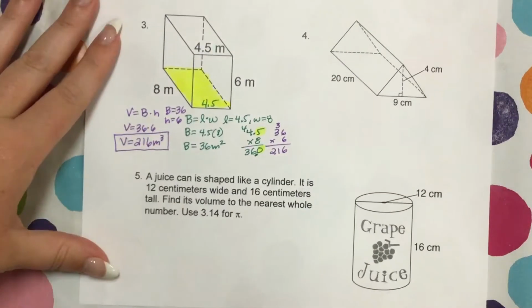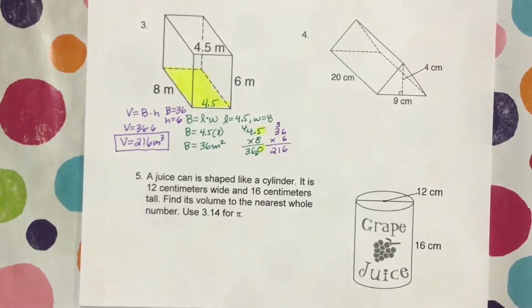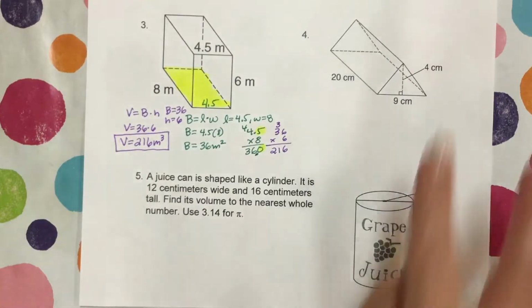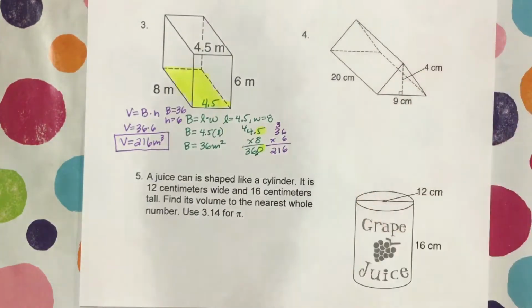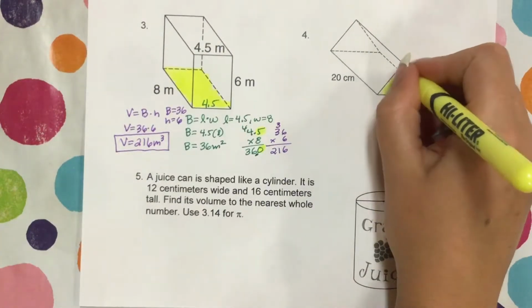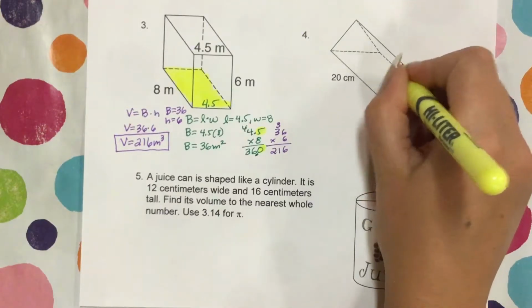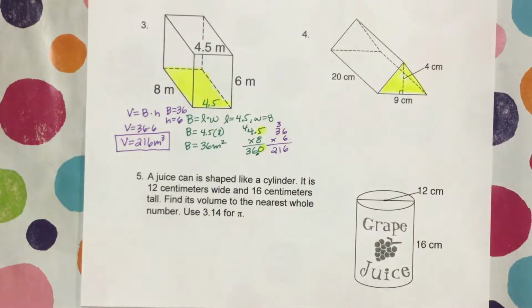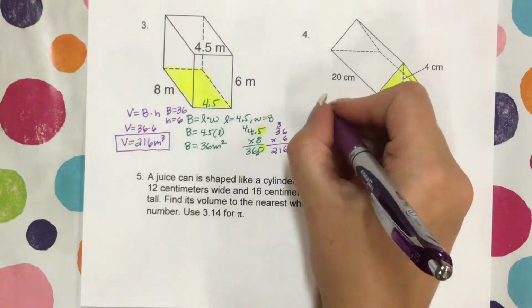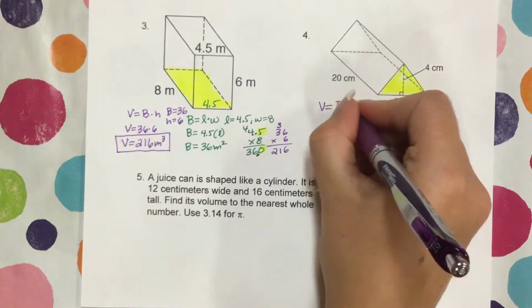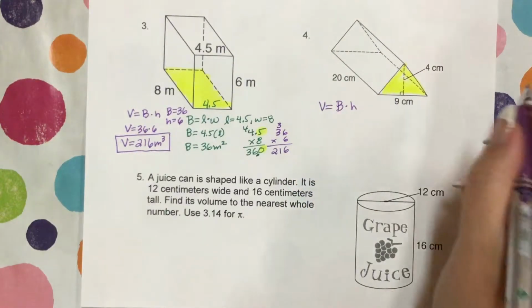Problem 4, what shape is the base on this one? Well, I think it's pretty clear that the shape on this one is a triangle. Okay, so we're trying to find the volume. The volume for this formula is found by the volume equaling the area of the base multiplied by the height.